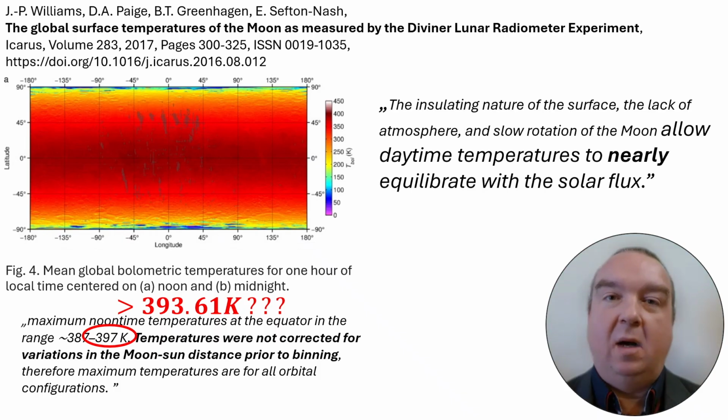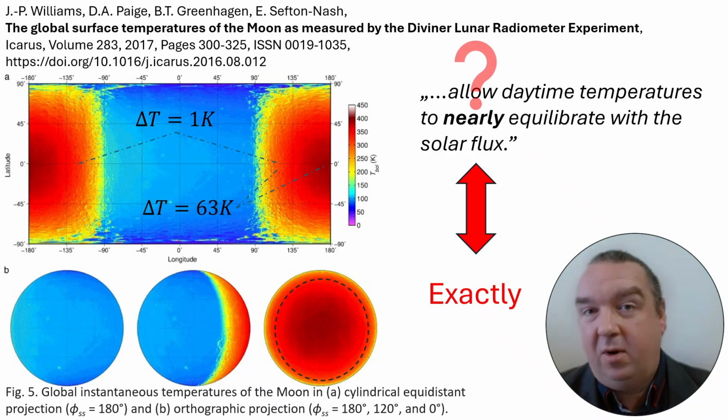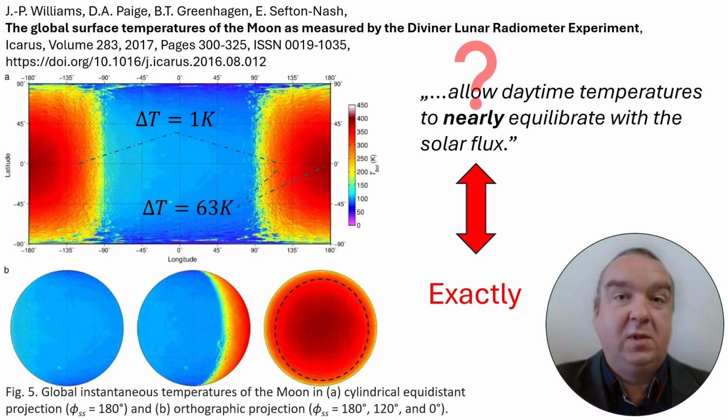We can read in this article also that the daytime temperatures are equilibrated nearly with the solar flux, which for me looks very strange, because from 8 a.m. to 4 p.m., which is almost 10 Earth day time, we can see that from 8 a.m. till noon, the temperature rises 63 degrees, and from noon till 4 p.m. the temperature decreases 62 degrees.